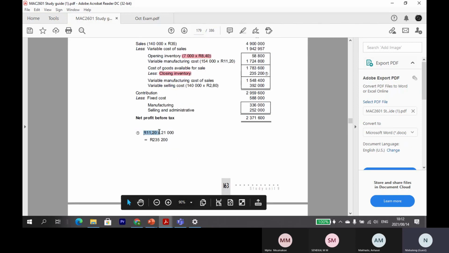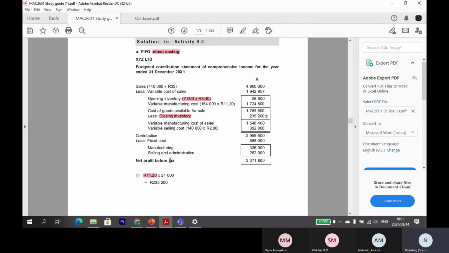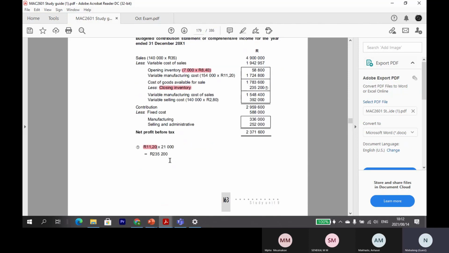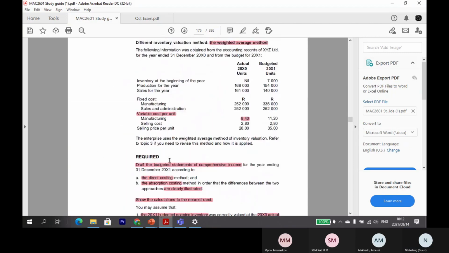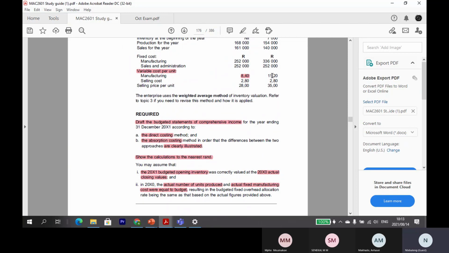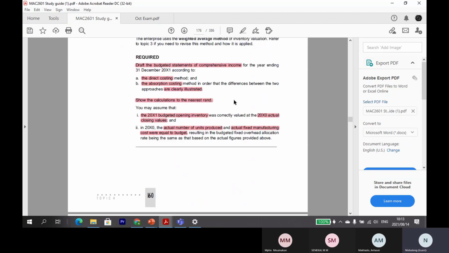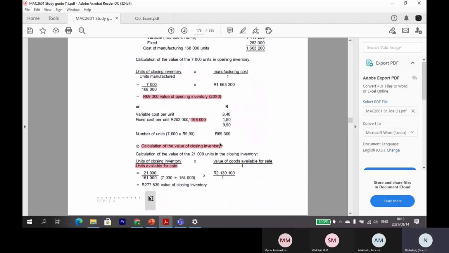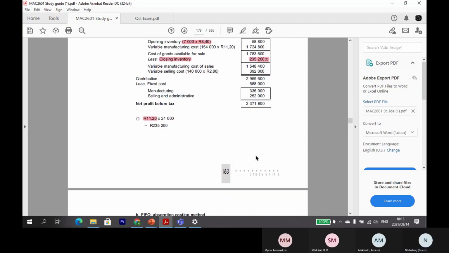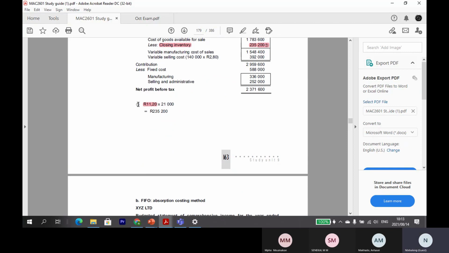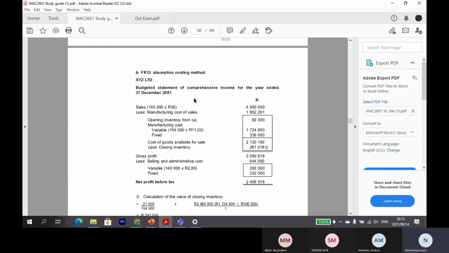They took the 11 Rand 20. 11 Rand 20 was the variable cost per unit for this specific cycle. And then the 21,000, we know how we got that. So it's straightforward. It's not like the weighted average one. You take your variable and you multiply by your closing and you get your closing inventory.